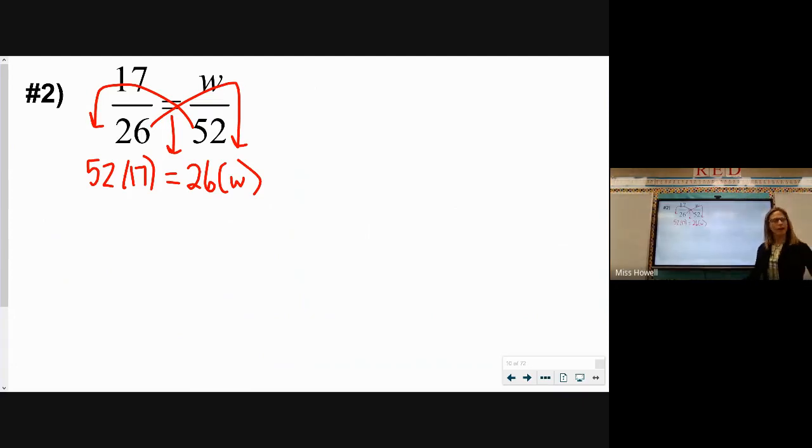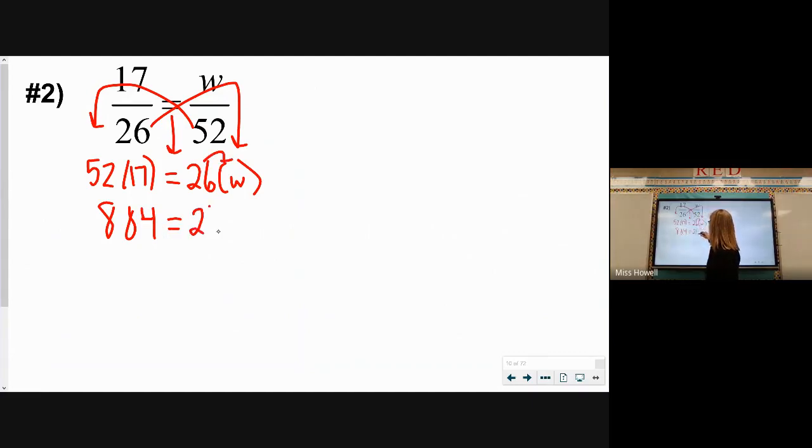All right, from here, find their products to simplify. So 52 times 17 would give us 884. And 26 times w would just give us 26w. All right, once we get here, we'll have a one-step, two-step, multi-step, or variable on both sides problem to solve. In this case, a one-step, where all we have to do is get rid of our times 26 by dividing both sides by 26.